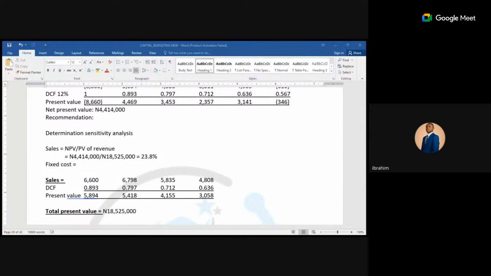Please don't forget that if you go for an interview and they give you a case scenario as a project finance officer, you analyze it to prepare the NPV, and they give you an internal rate of return that is positive.